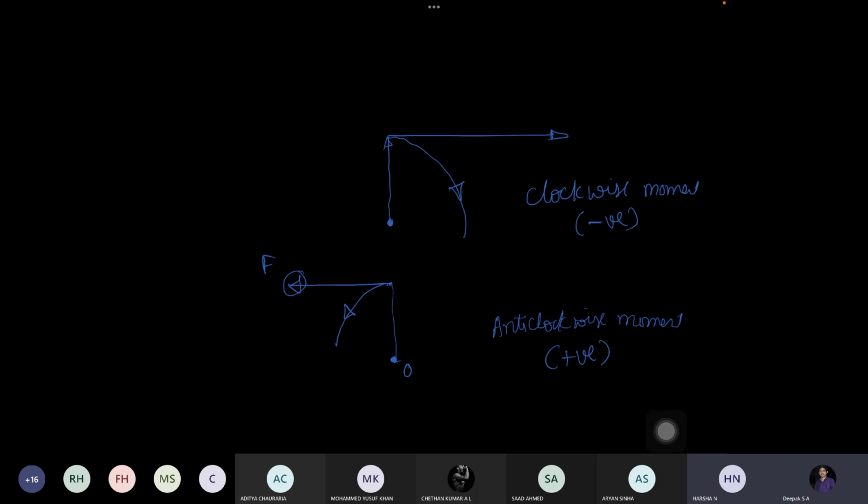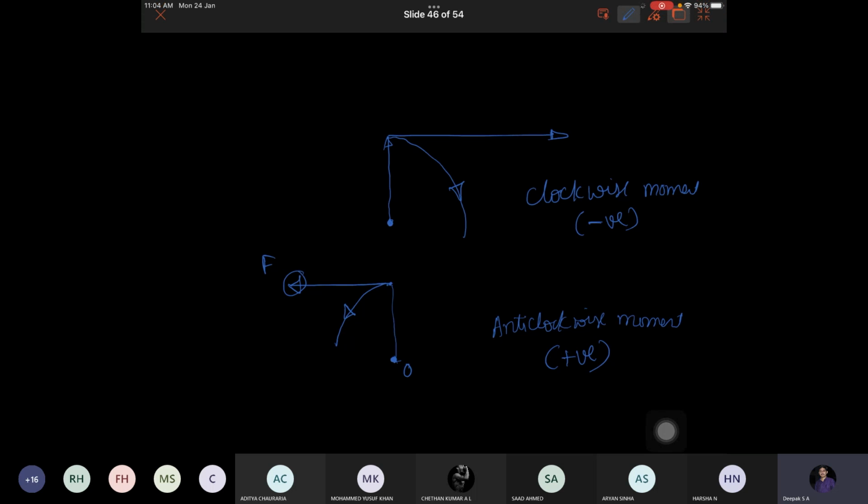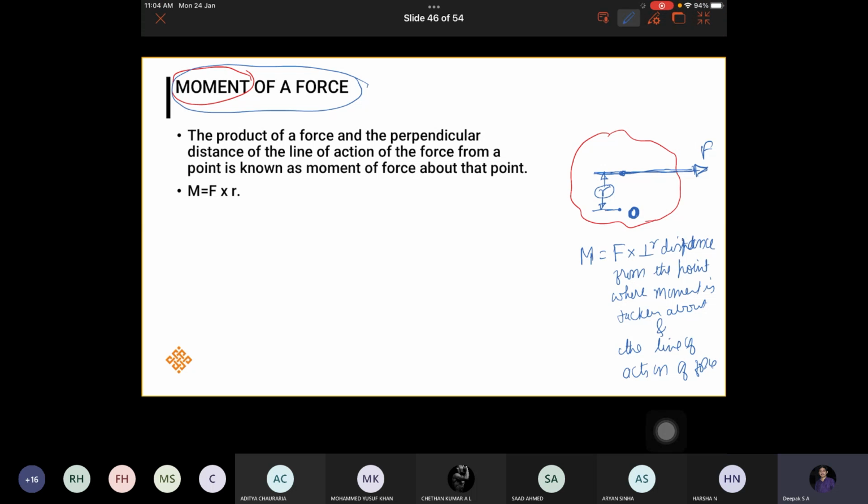Yes, sir. Okay, so let me show you a very simple numerical. This is one point, and there is a beam. I am applying one load here.